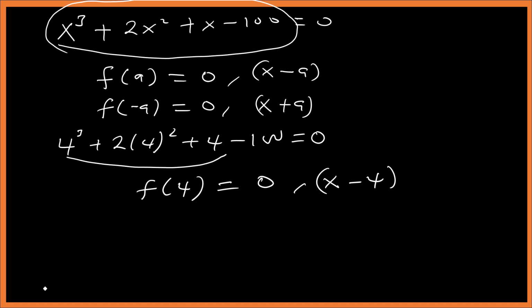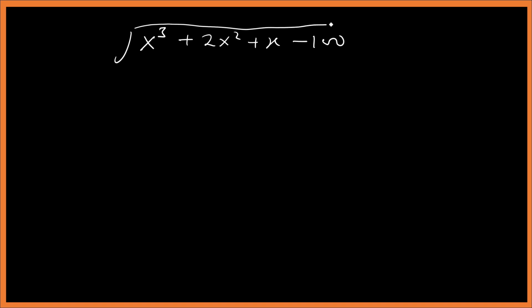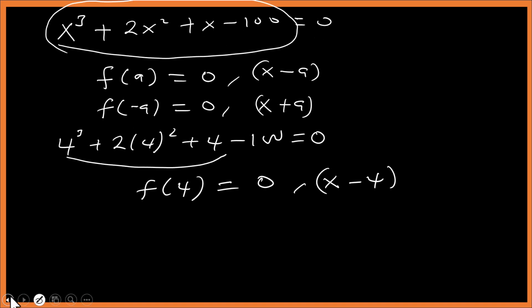So we have x cubed plus 2x squared plus x minus 100, divided by x minus 4. Let's confirm.